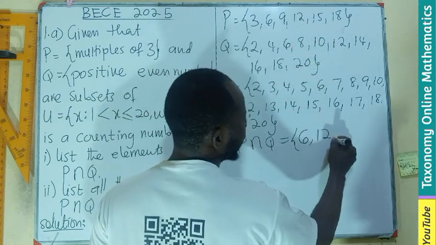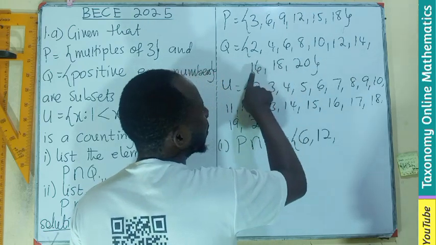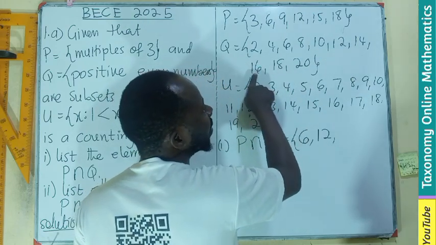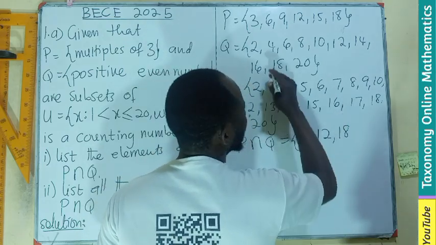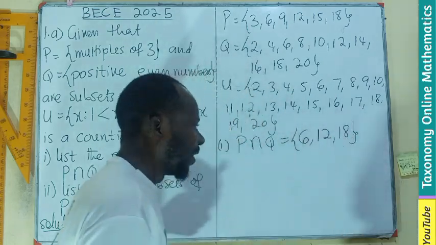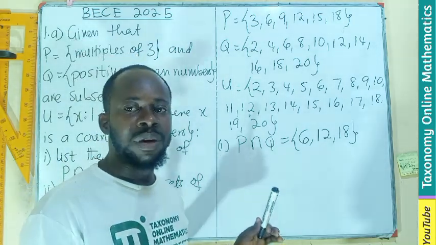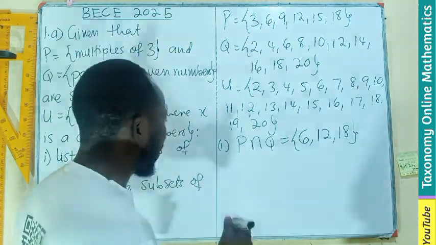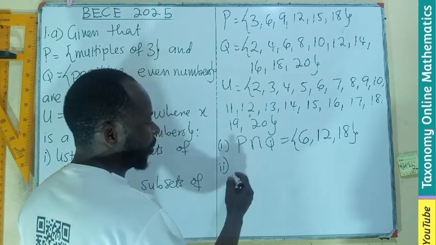I have the 12, 14, we have 16 and 18. I think that is all. So the elements of the intersection of P and Q become 6, 12, and 18.